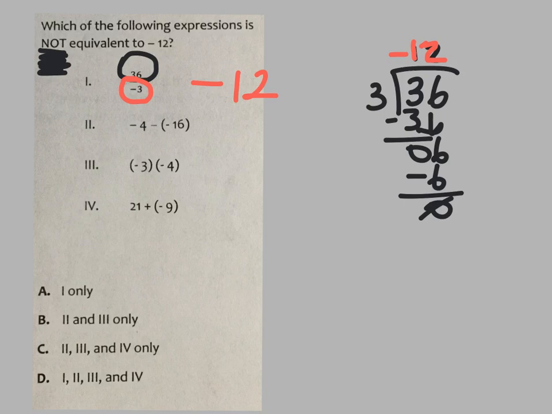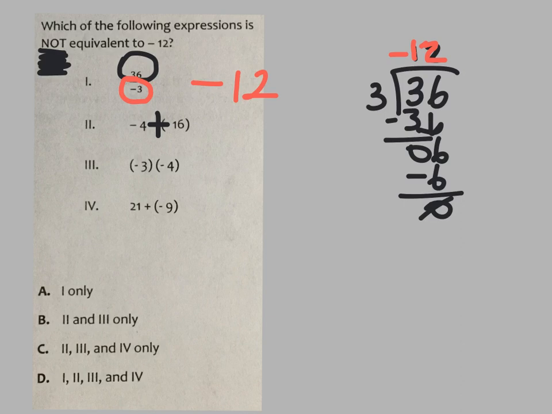Number 2, negative 4 minus negative 16. Well, when we're combining integers, adding or subtracting, and we have double signs, minus a negative, that double sign becomes addition. Negative 4 plus 16.